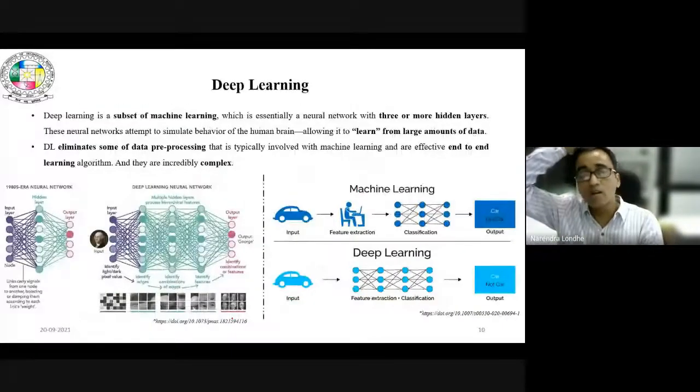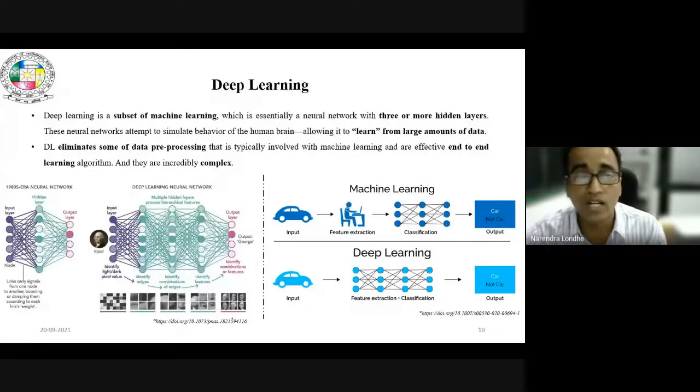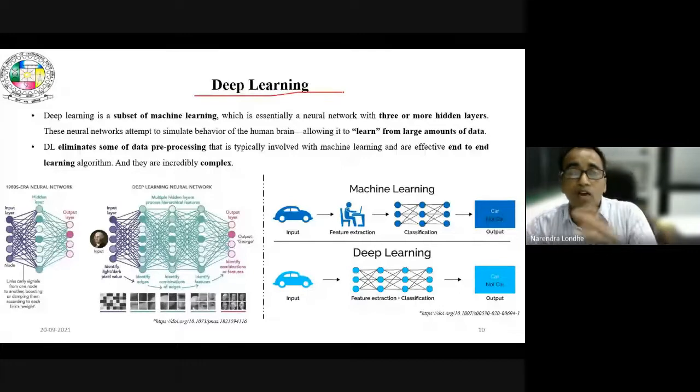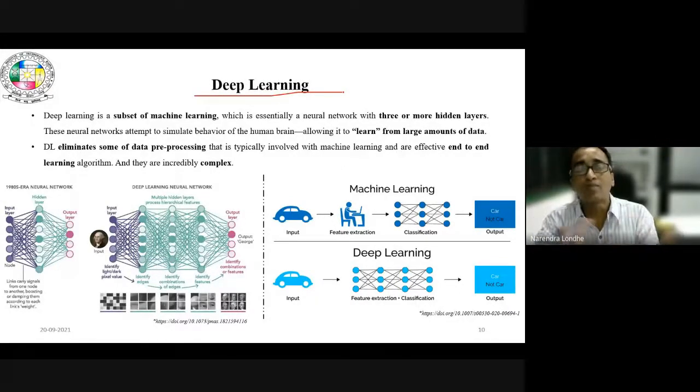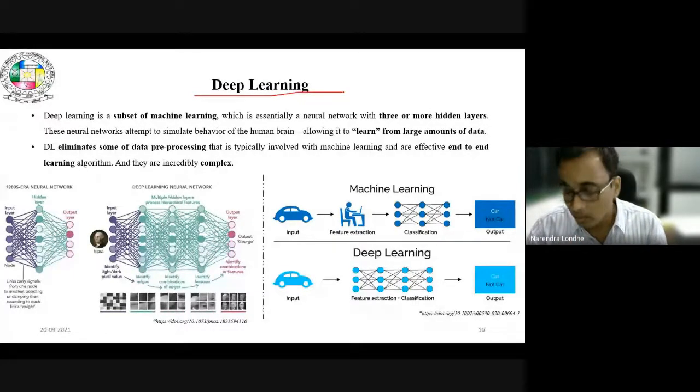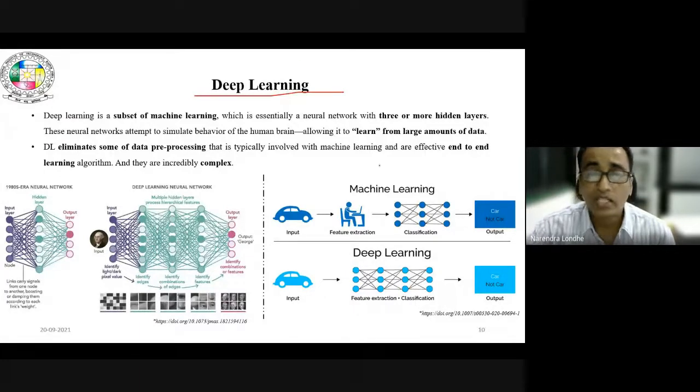So let me come to that very important part, that is deep learning. Why am I talking directly about deep learning? As I told you, it is a part of machine learning, but in the present time nobody is using the conventional machine learning algorithms. The reasons are there. In conventional machine learning, feature extraction is involved.